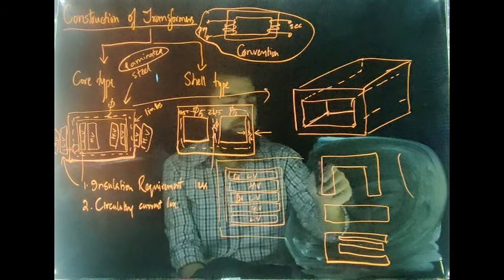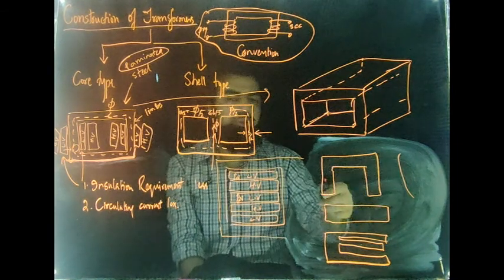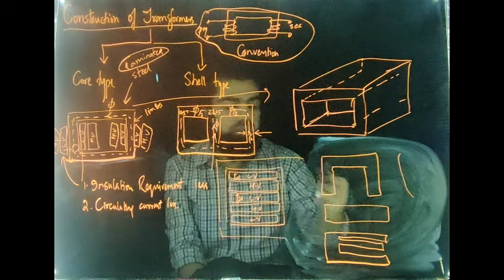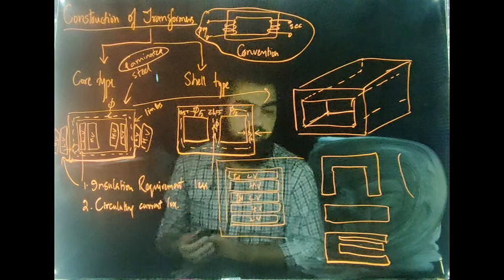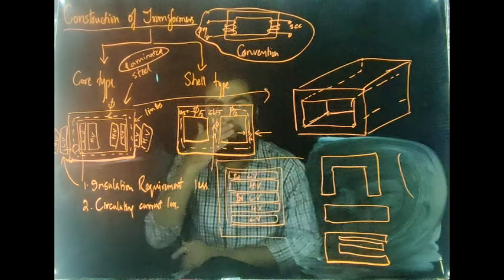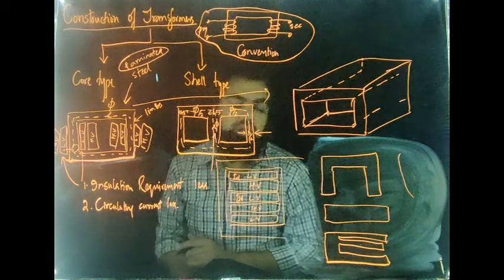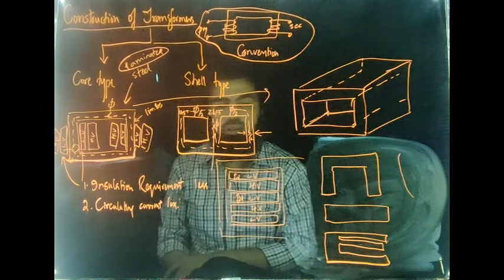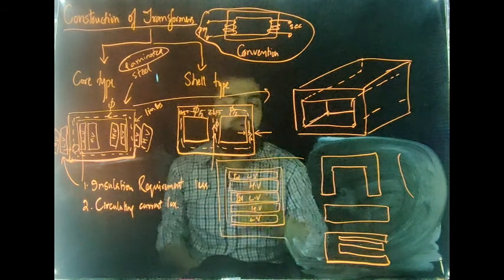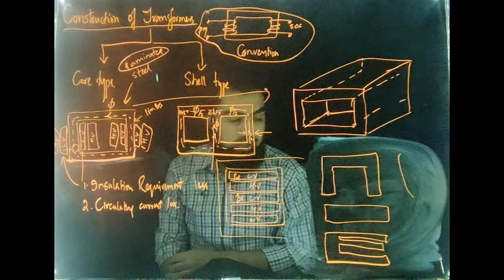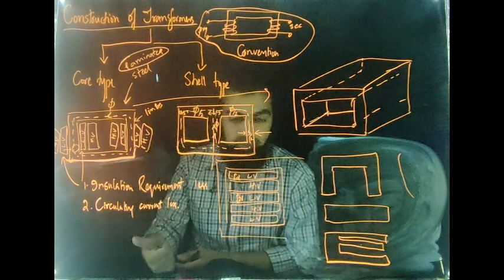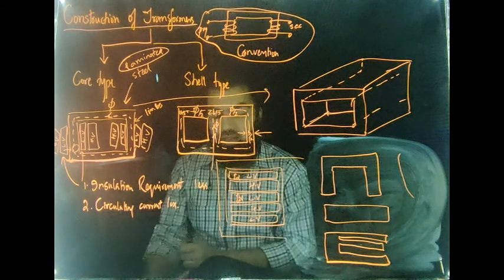Once we stack them, we laminate them in between, using for example varnish, to separate these sheets of steel, so the reluctance of this magnetic path will be increased.